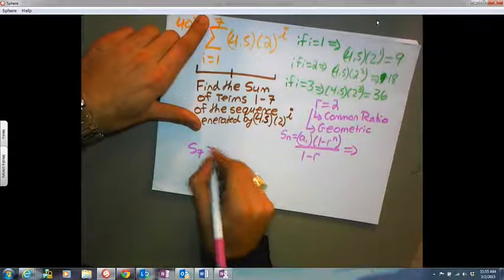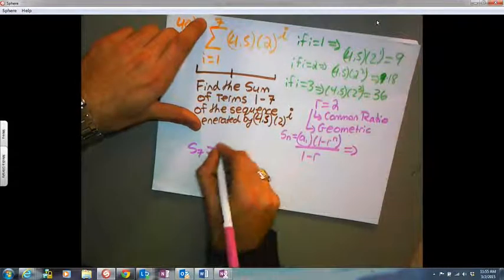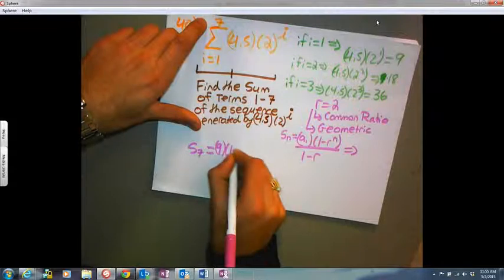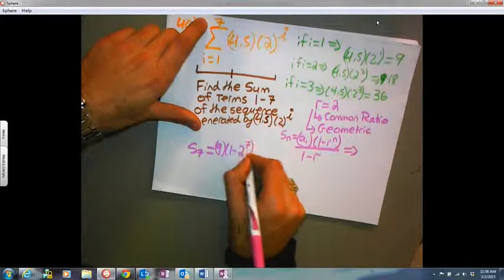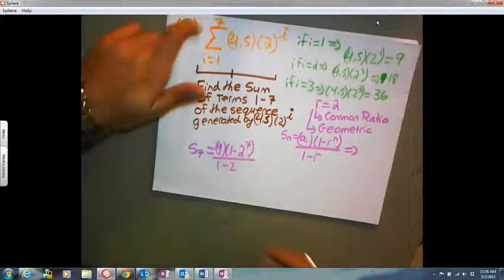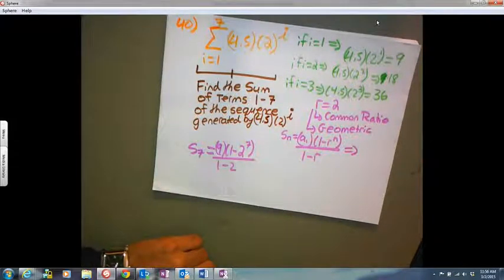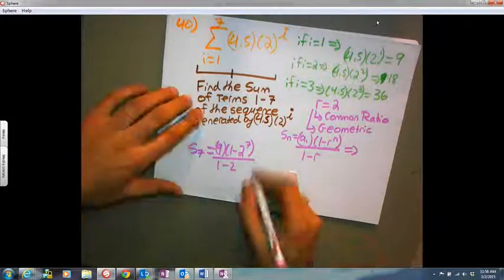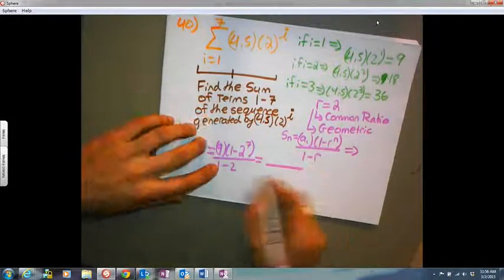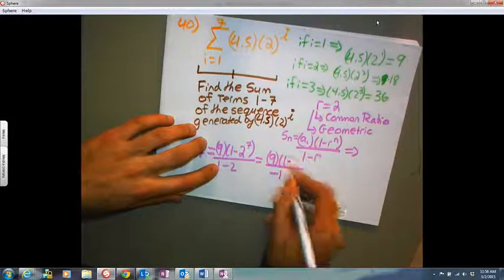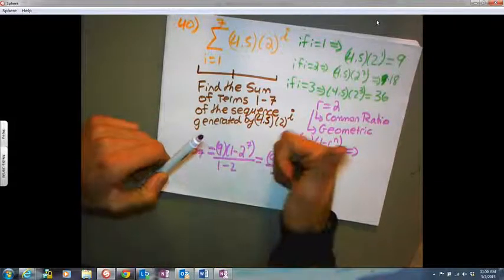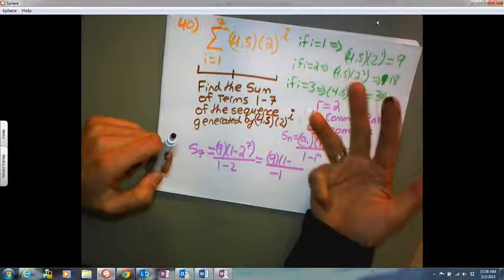a1 is 9. 1 minus r to the n, so 1 minus 2 to the 7th, over 1 minus 2. Simplifying it here. Downstairs, 1 minus 2 is negative 1. Upstairs, we have 9 times 1 minus 2 to the 7th, 2, 4, 8, 16, 32, 64, 128.